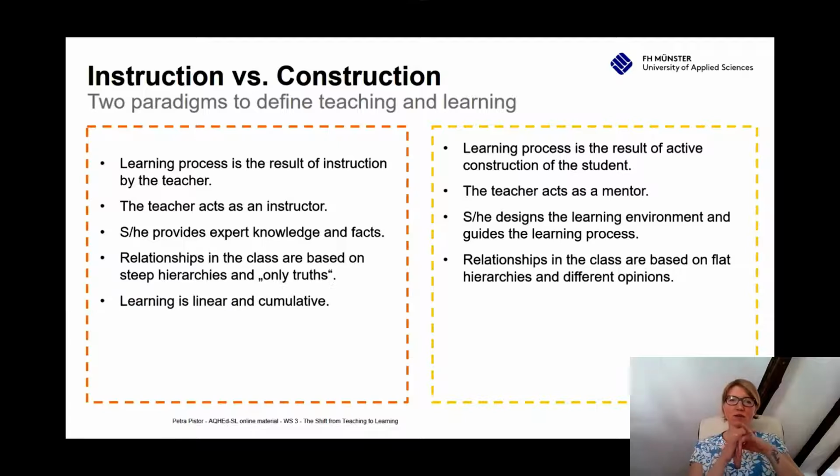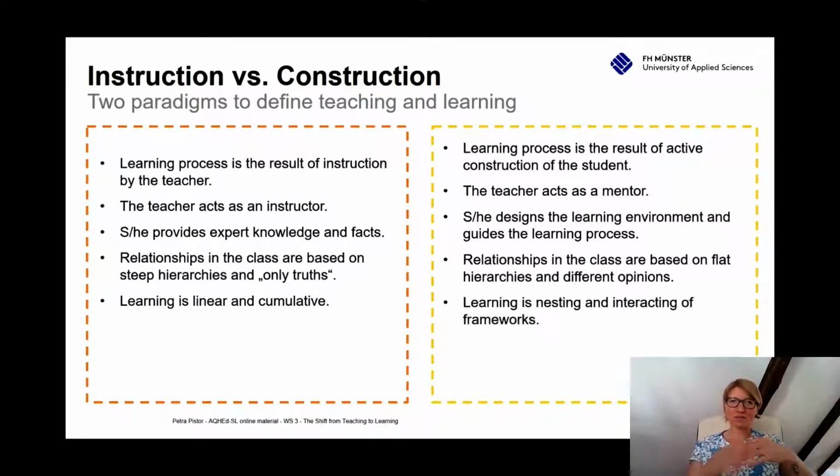Under the instruction paradigm, it is assumed that learning is linear and cumulative, meaning we assume that our students learn one piece of knowledge after the other. Here we take for granted that our students definitely learn the first piece of knowledge after we have first presented it to him or her, and that we can go on with a second piece of knowledge because we assume that he or she would have learned the first piece of knowledge.